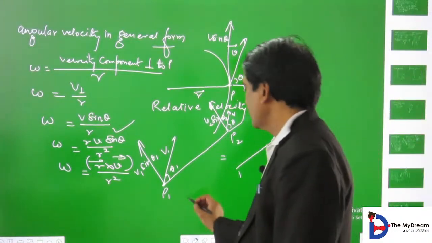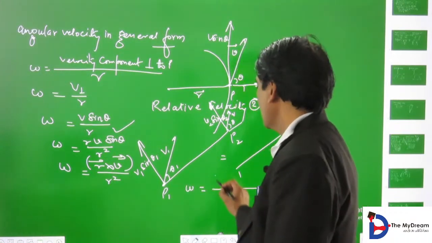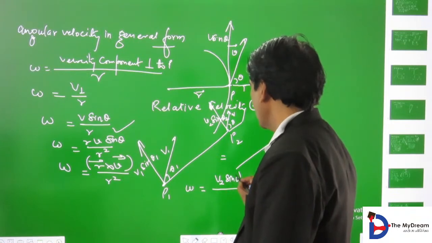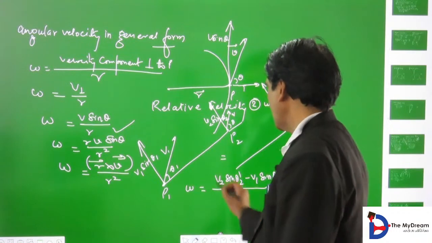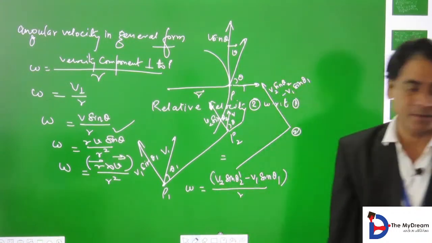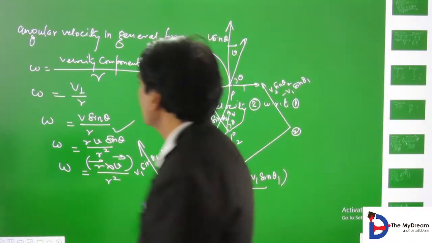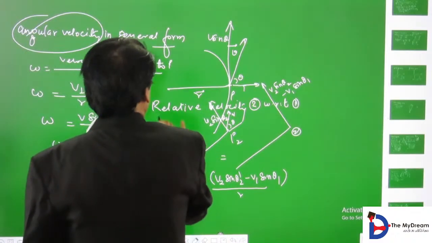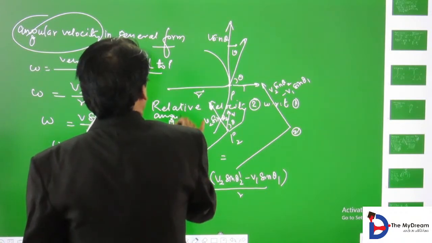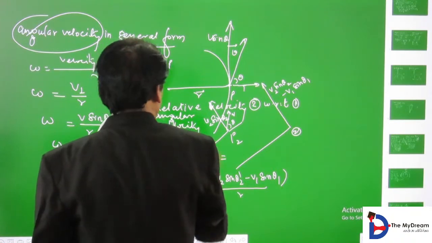So omega is equal to V2 sin theta 2 minus V1 sin theta 1 divided by R. Then you can find out the relative angular velocity, which is given by this.